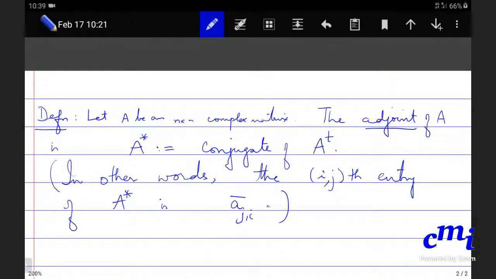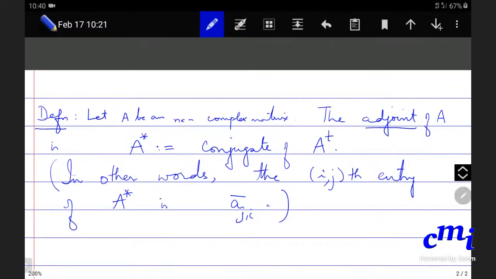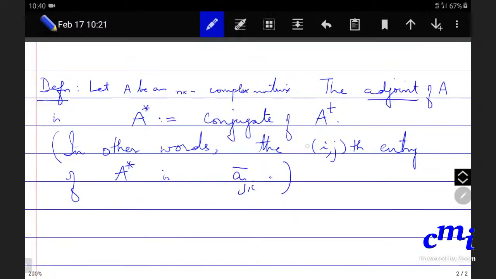So this is the adjoint of A. In other words, the ij-th entry of the adjoint is the complex conjugate of the ji-th entry of the given matrix.